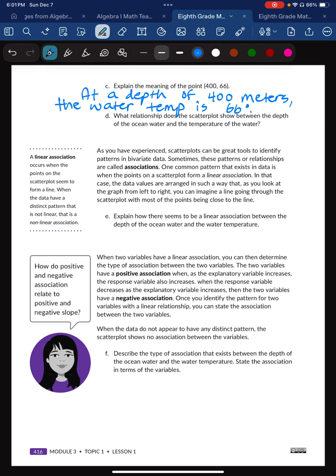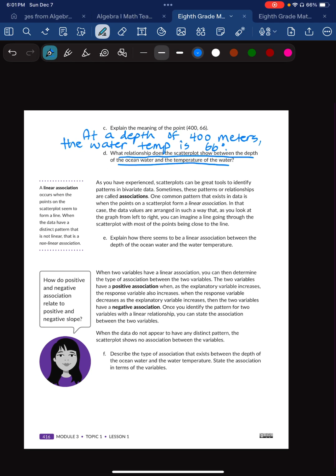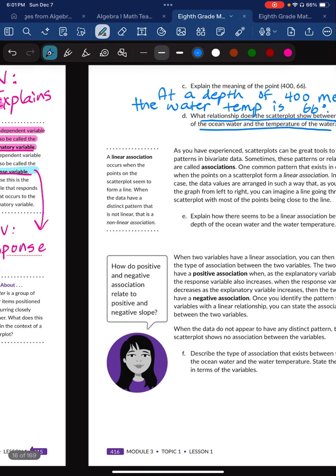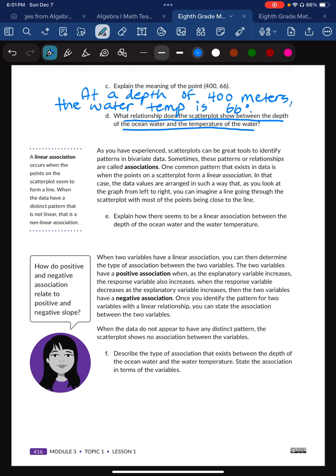What relationship does the scatter plot show between the depth of the ocean water and the temperature of the water? As we go further and further deep into the water, the temperature decreases, doesn't it? So let's just write that. The deeper you get in the ocean, the colder the water is.